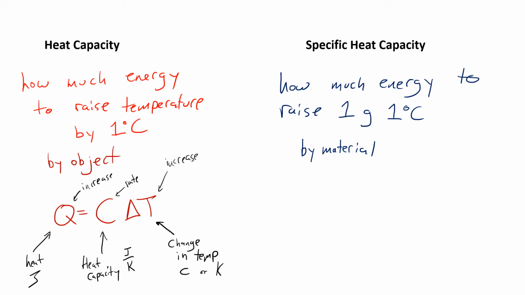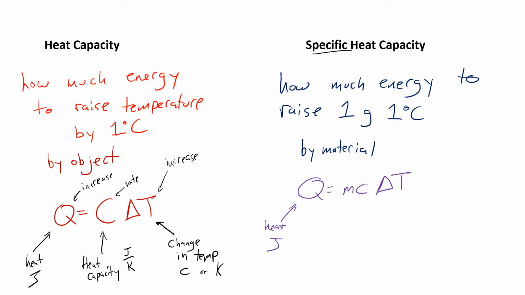Now, where you get more concrete is with the specific heat. All right? So this is per gram. So the formula is slightly different. So this formula is going to be Q is equal to mc delta T. Now what's different here is this is still heat.